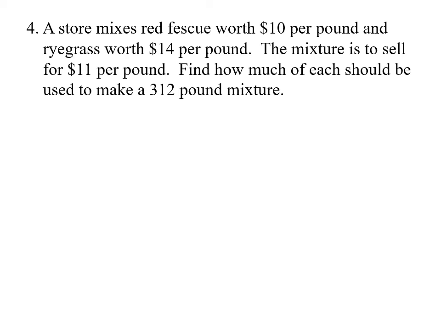Well, I'm going to let the red fescue be my x, and the ryegrass be my y. So if I add those two values together, that has to be the total amount that I'm going to have. So I'm going to have x plus y equal 312. That's the amount of grass seed that I want to have when it's mixed together.